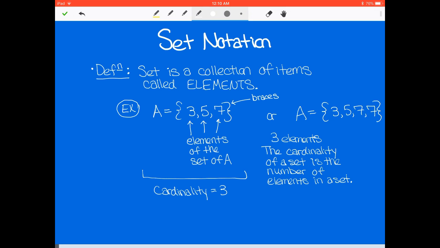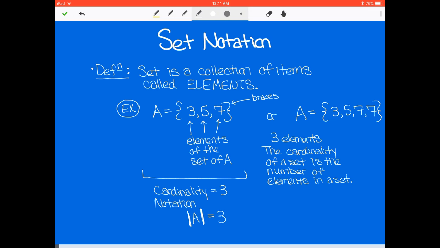This is notation for cardinality. We use these 2 vertical lines around A. They kind of look like absolute values. So the cardinality of A is 3.